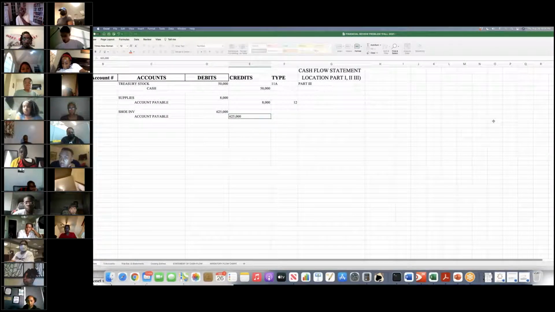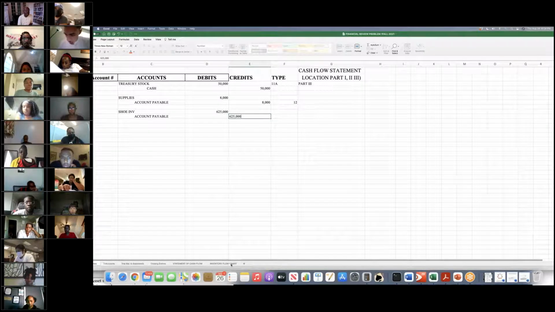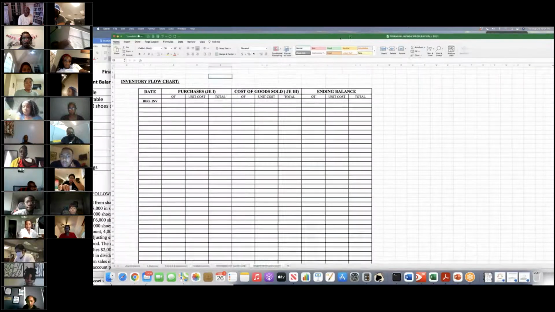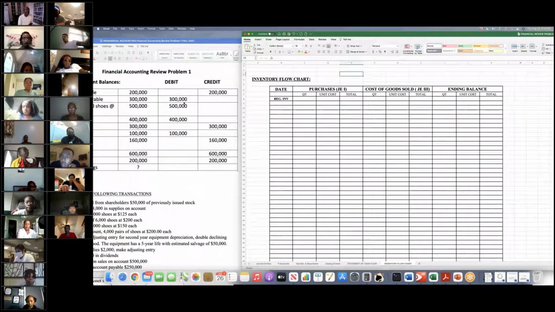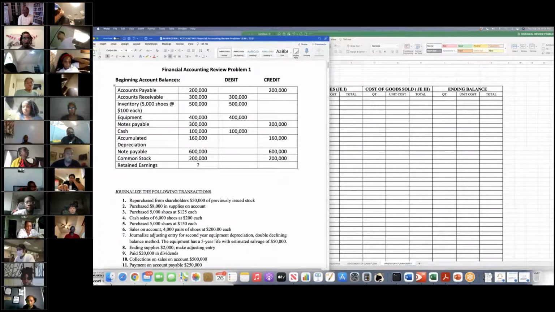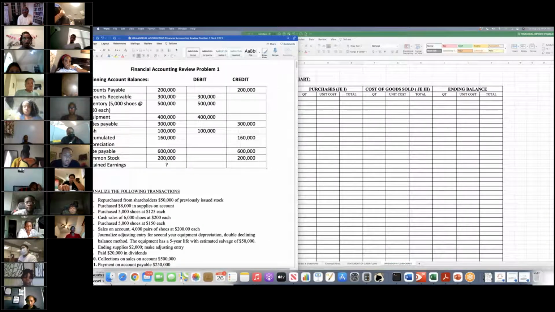Okay, so we got to do two things now. What's the first thing we got to do? We got to go to our inventory flow chart. And we actually got to go in here and say, okay, we had 5,000 pairs of shoes in the beginning balance.